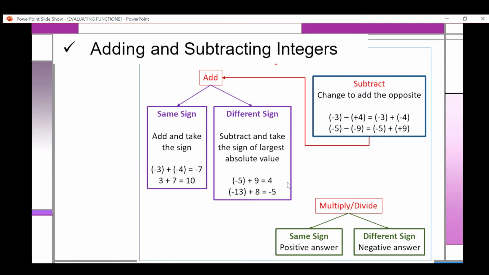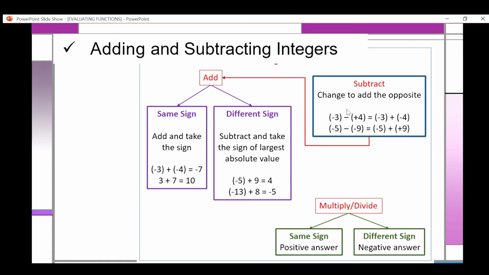So, wag kayo malilito dyan. Laging subtract, tapos sundin ang sign ng mas malaki ang absolute value. At ano ang absolute value? Pag nilagay natin sa loob ng absolute value sign, nagiging positive.